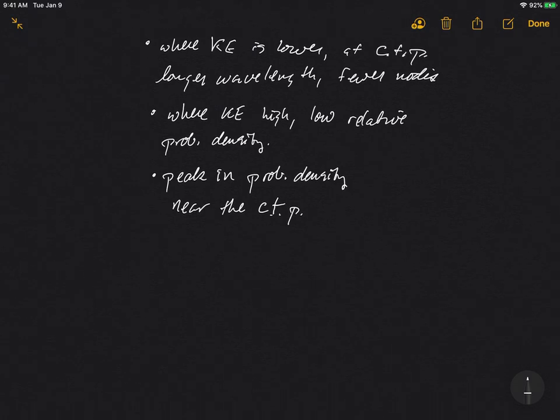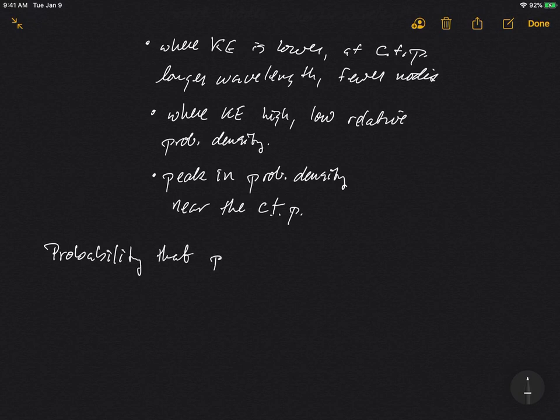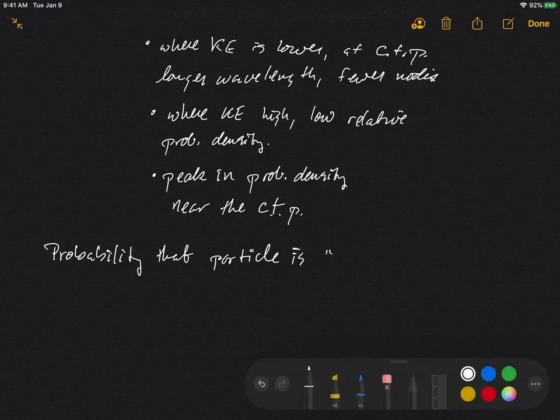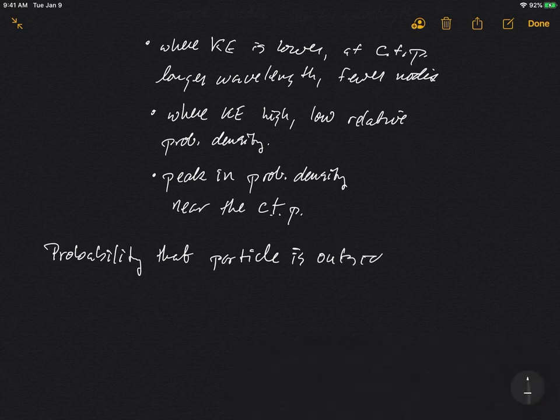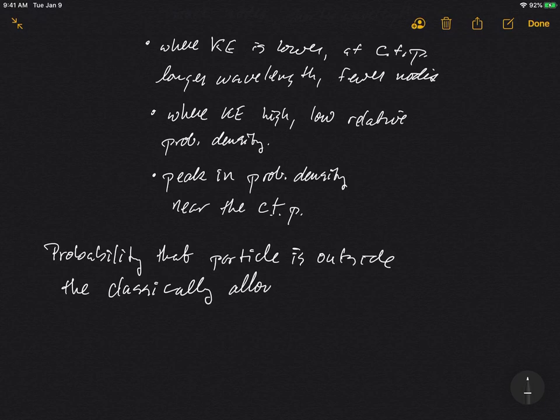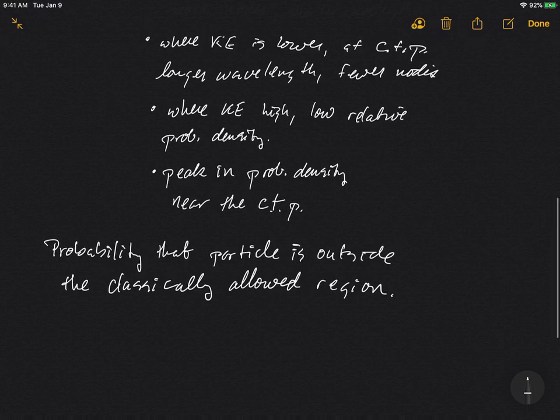In fact, we can calculate the probability that the particle is outside the classically allowed region, which is, of course, between the two classical turning points.